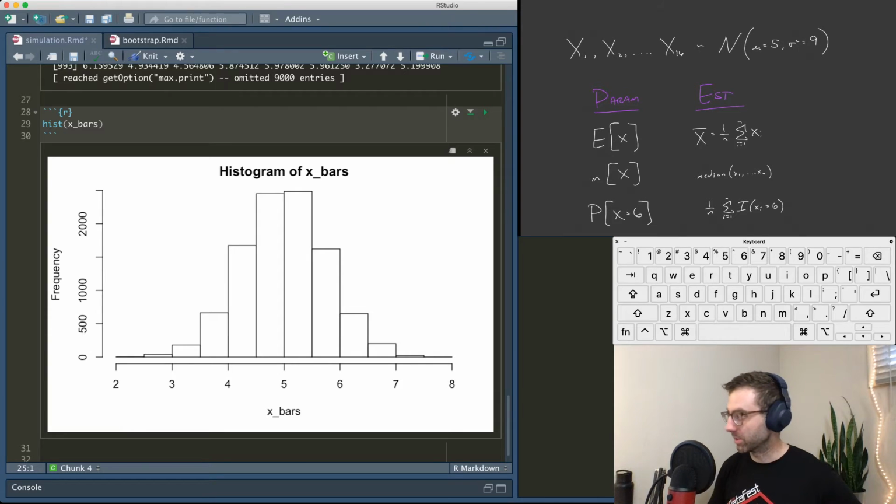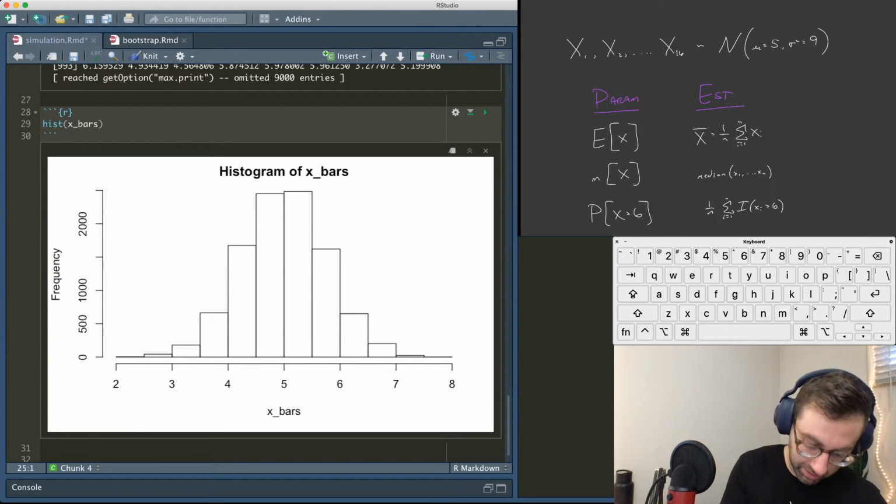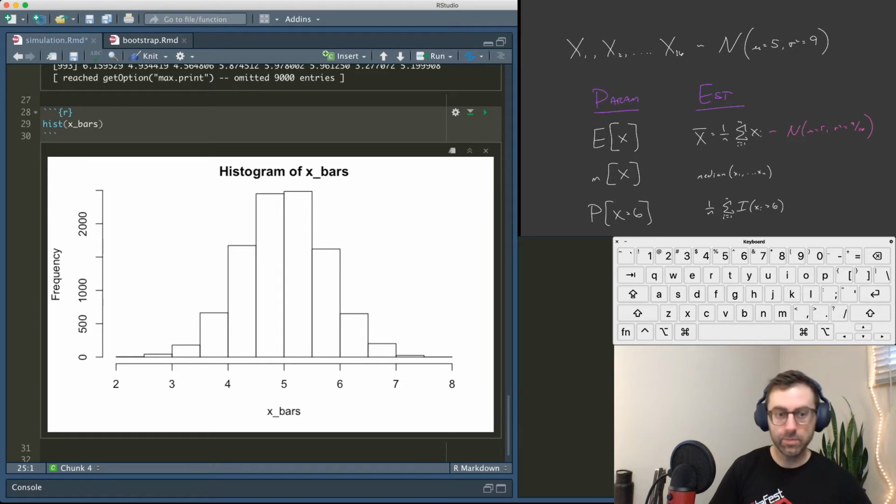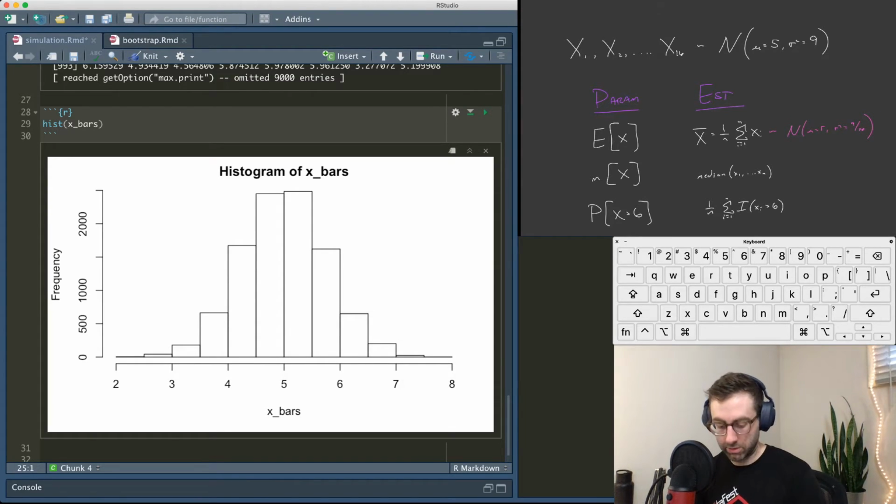And it should be no surprise that this looks extremely normal. Why? Because as we said earlier, this sample mean has a normal distribution with mean of 5 and a variance of 9 over 16. And we can verify that with these x bars.